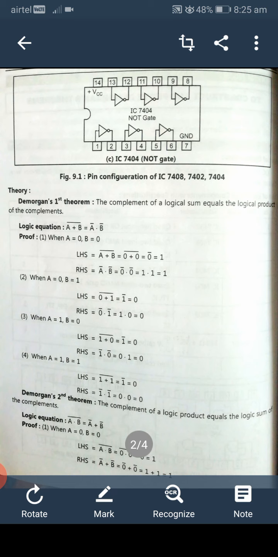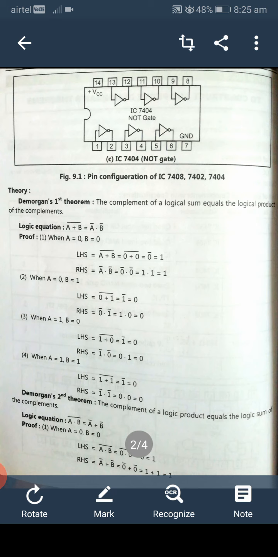Right hand side, complement A into complement B is equal to complement 0 into complement 0 is equal to 1 into 1, and that is equal to 1, meaning left hand side is equal to right hand side.